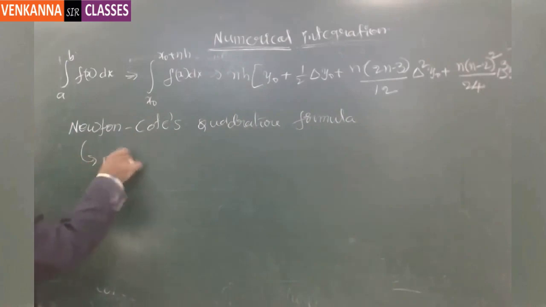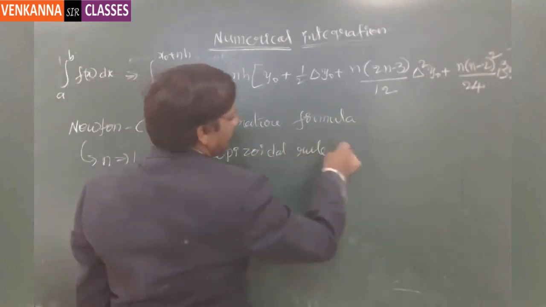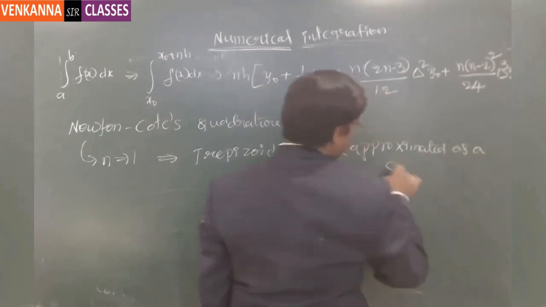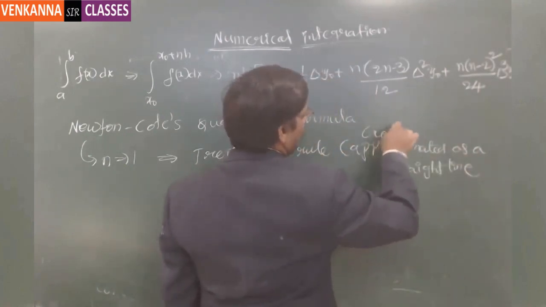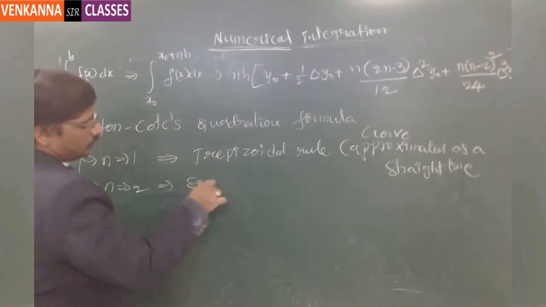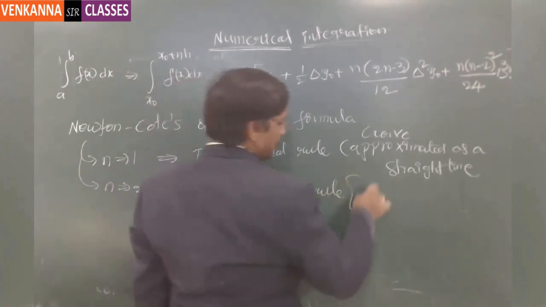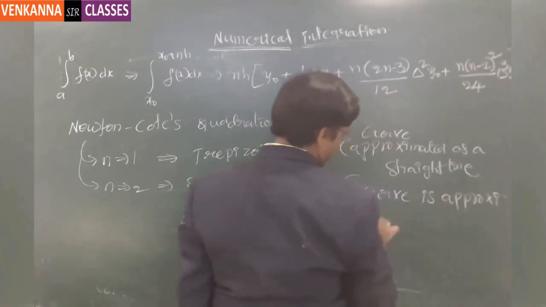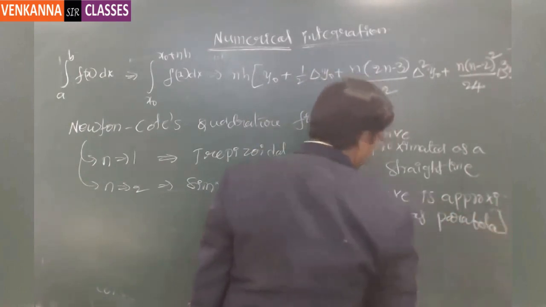From this equation, n equal to 1 implies the trapezoidal rule, where the curve is approximated as a straight line. n equal to 2 gives Simpson's 1/3 rule, where the curve is approximated as a parabola, or second order polynomial.